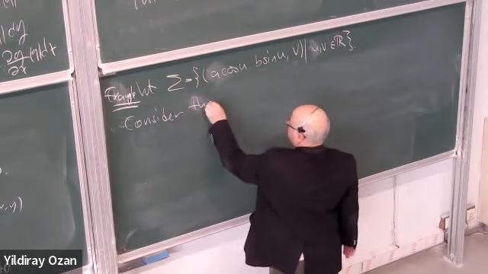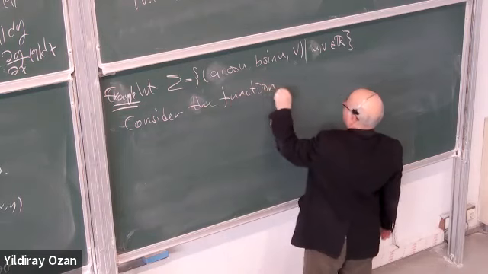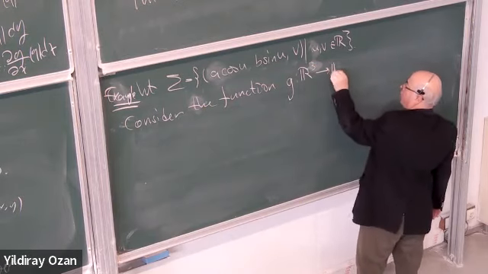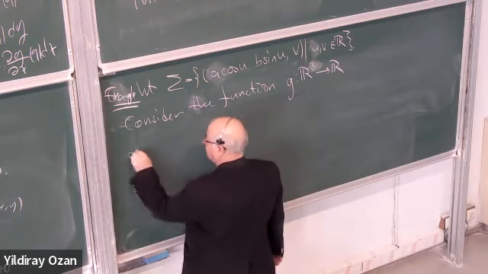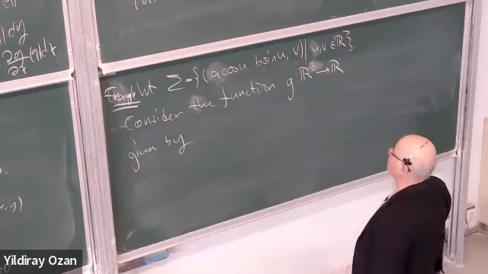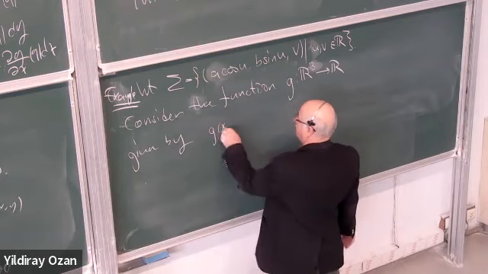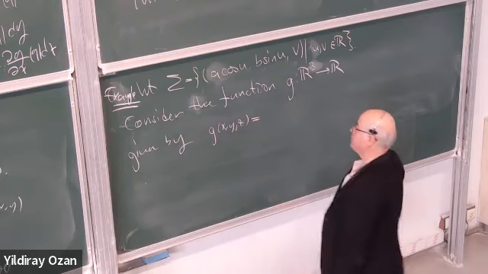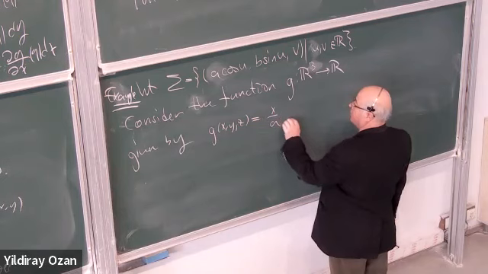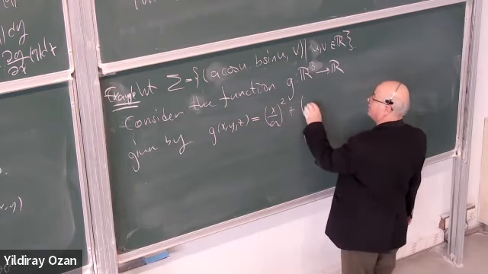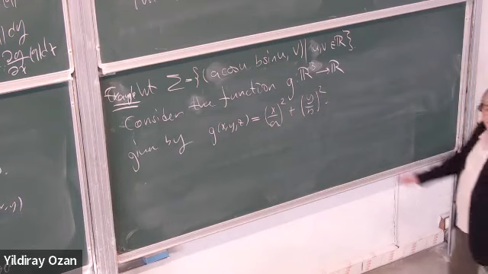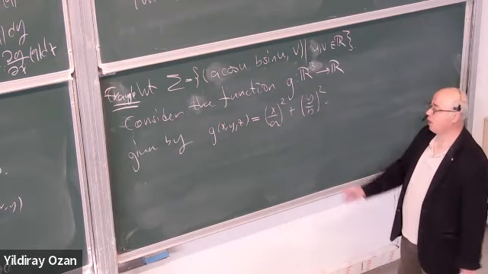Consider the function g from R3 into R given by g(x, y, z) equals (x over a) squared plus (y over b) squared, which is a differentiable, nice function from R3 to R.